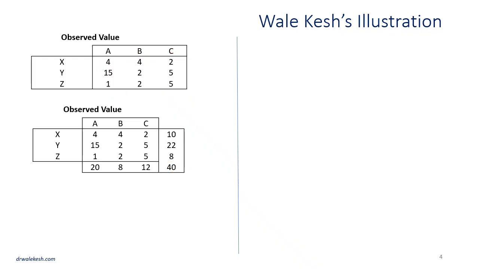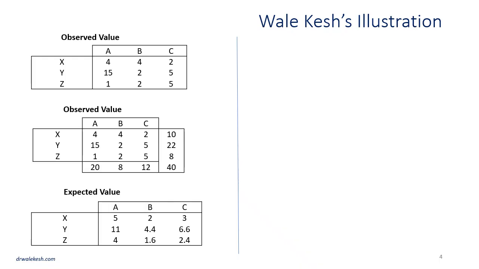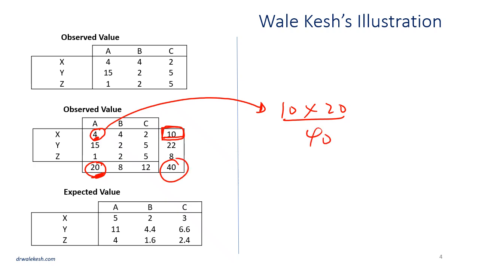Now let's move on. We have the observed value. We now need the expected value. So to compute the expected value for this, it would be what we have here against what we have here. That's 10 times 20 all over the total amount, which is 40. And you should get 5.